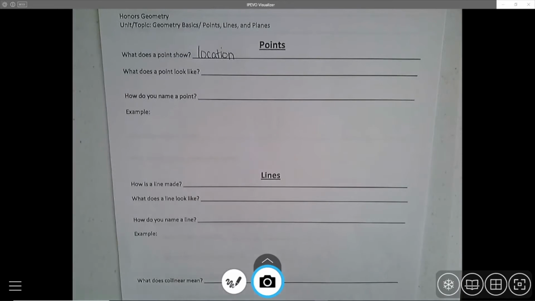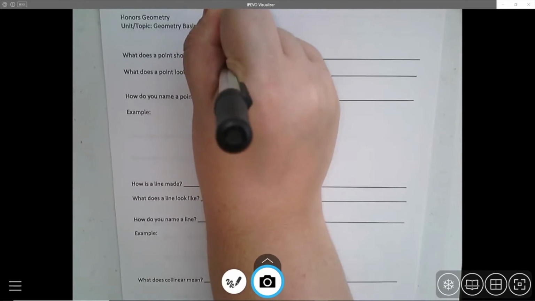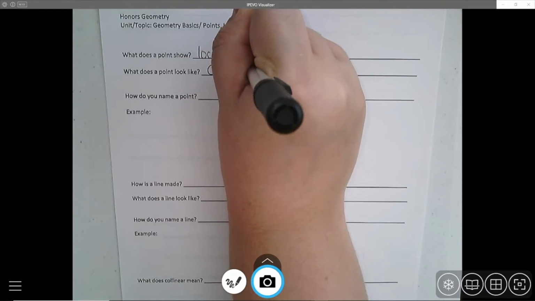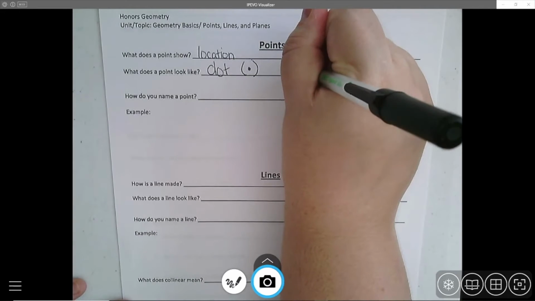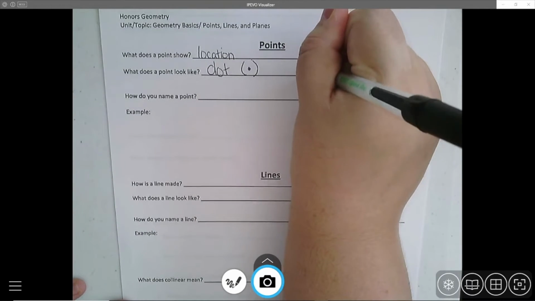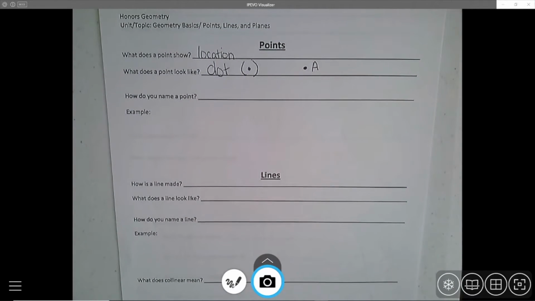What does a point look like? Well, a point looks like a dot. Simply, it's just going to be a dot. Now, when we get to using them in geometry, you're going to see them look like a dot with a capital letter beside it.